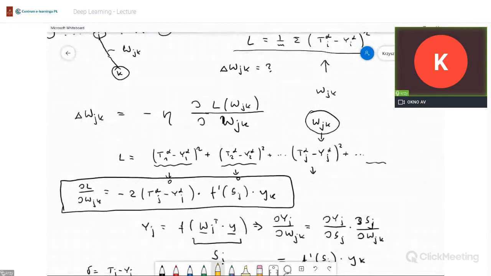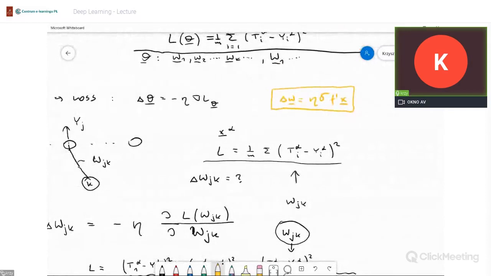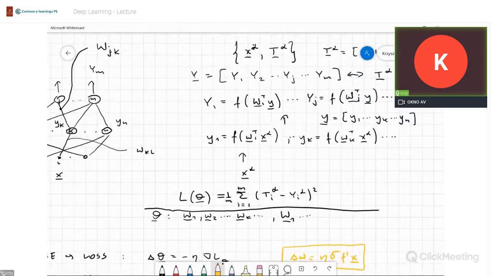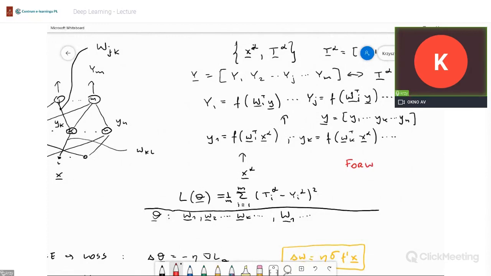When I was analyzing this data flow here, I did something that is called a forward pass. Forward pass means I'm passing information through the network upwards.